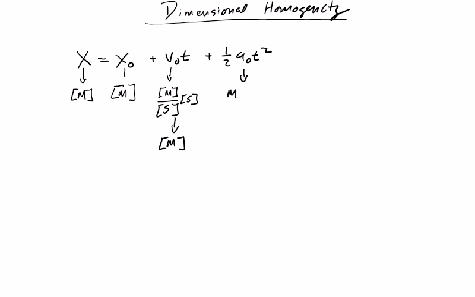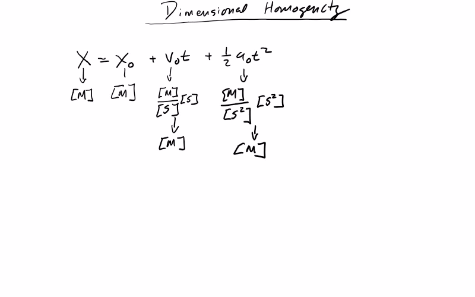All right, meters per second squared times seconds squared gives me units of meters. So the gist here is dimensional homogeneity says no matter what the equation is, the units of all the aspects of the equation when finalized must be the same.